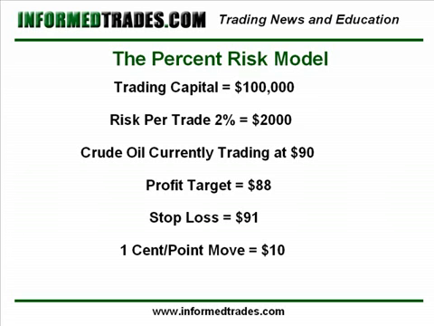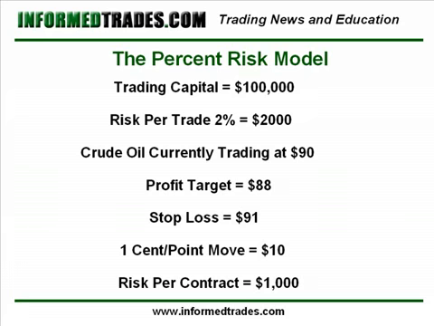So from that $90 entry price to that 91 stop loss level, that's 100 points or 100 cents, which gives you 100 times 10 risk per contract equals $1,000.